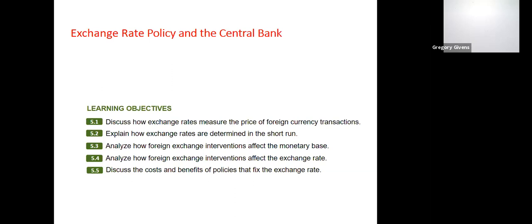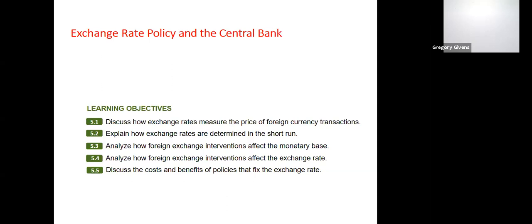I think to fully understand the nature of these transactions, and what's important for this class is how these transactions affect or interact with monetary policy, right? That's the thing we're most concerned about in this class.